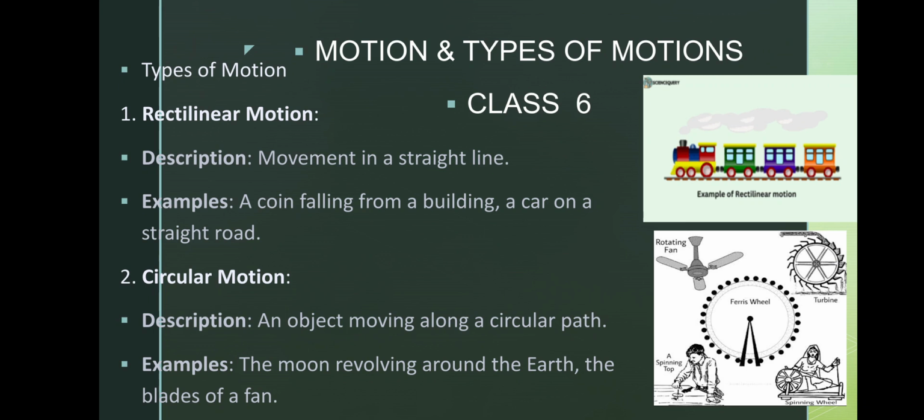Now, circular motion. An object moving along a circular path. Examples: the moon revolving around the earth, the blades of a fan. So you can see here the circular motion, even the spinning wheel, then the wheel of a watch, you can say, and all these you can see them as the circular motion.